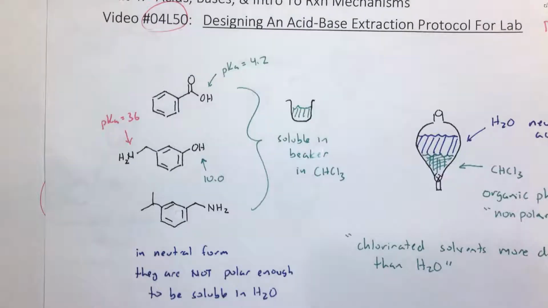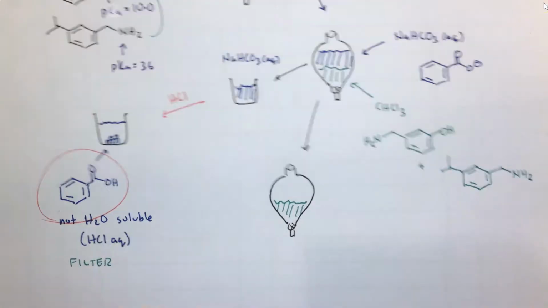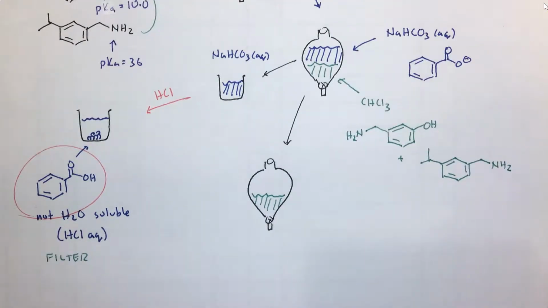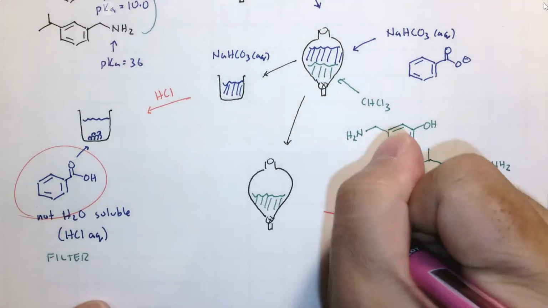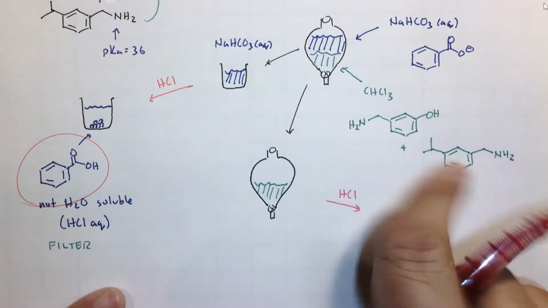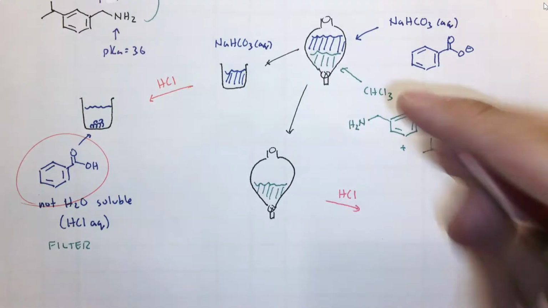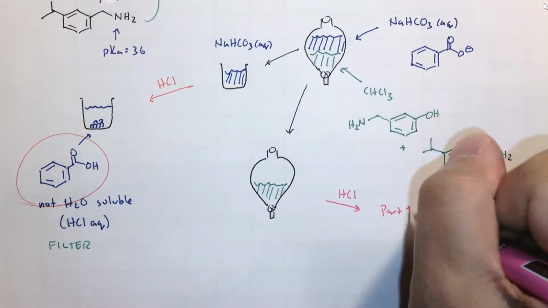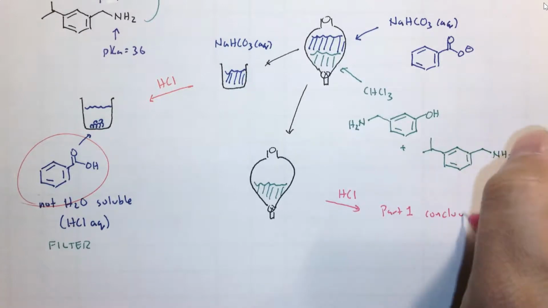Where are the other two? The other two are right here. Now, like from part one, if we use HCl, that would be bad because both of these will be protonated. So both of them will go into the water. So in part one, we concluded that this is not good because both will go in water.